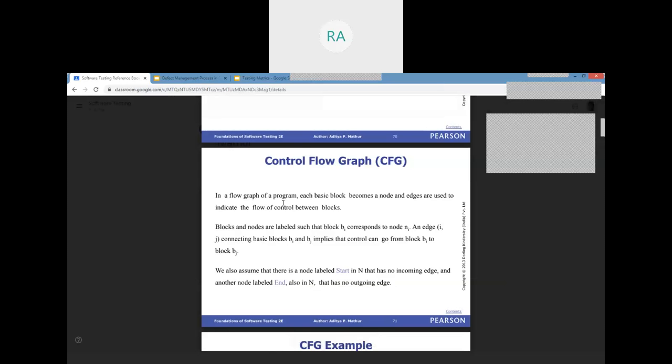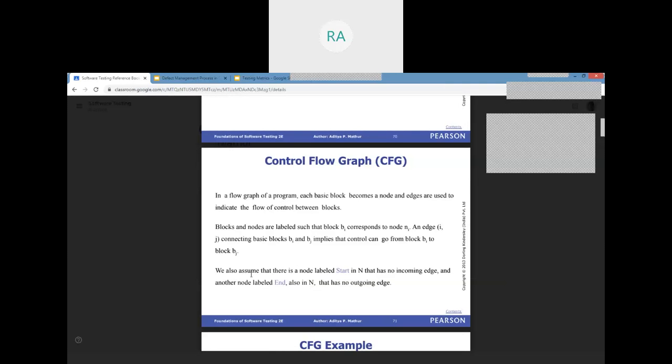That's why I've identified the basic blocks. Whenever you are drawing the CFG, please remember that the basic blocks that I have identified are going to be the nodes in your control flow graph, and the edges will represent the flow of control from one node to the next node.